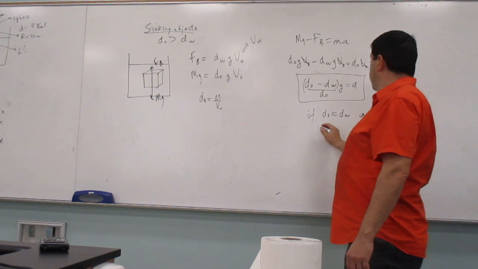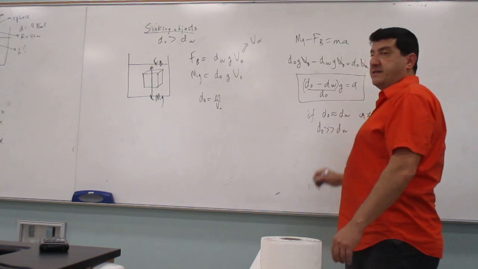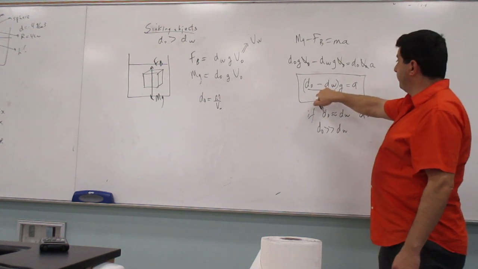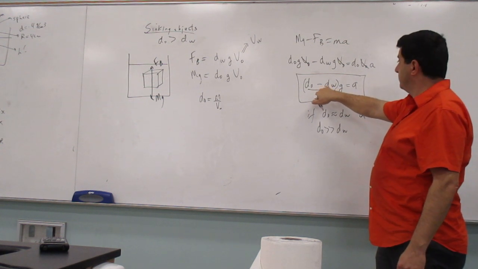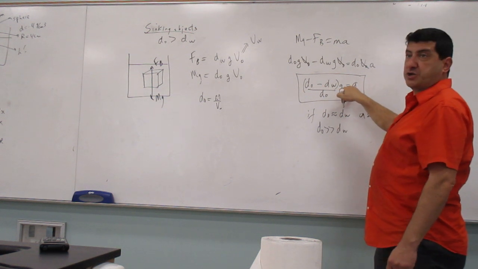But as the density of the object gets much, much bigger than the density of water, what's going to happen? It's almost as if you could ignore this term. So if this is much bigger than that, then the acceleration approaches what number?